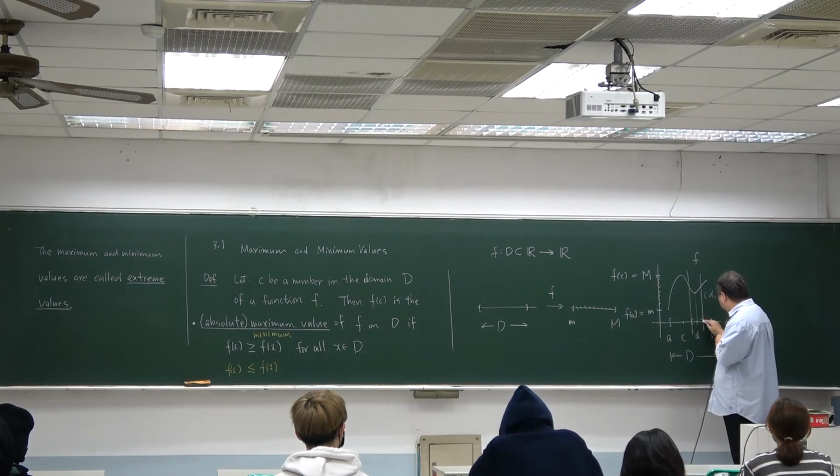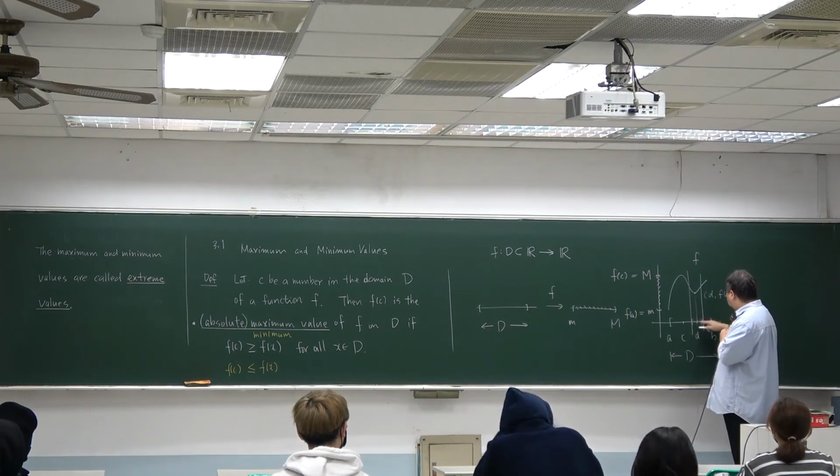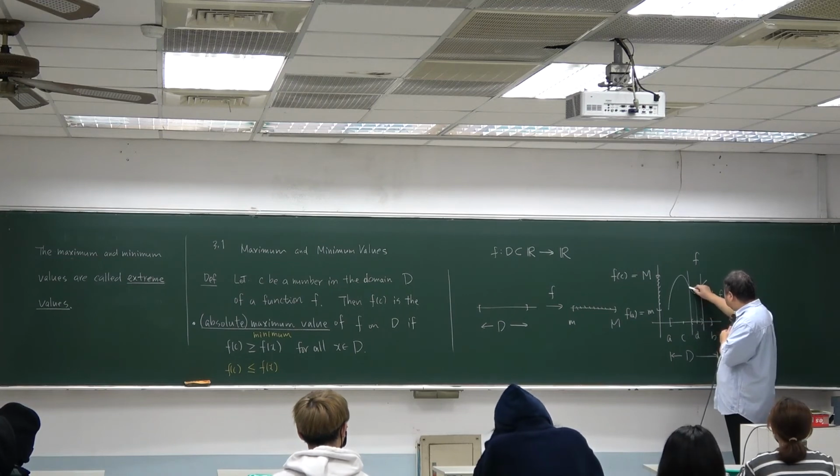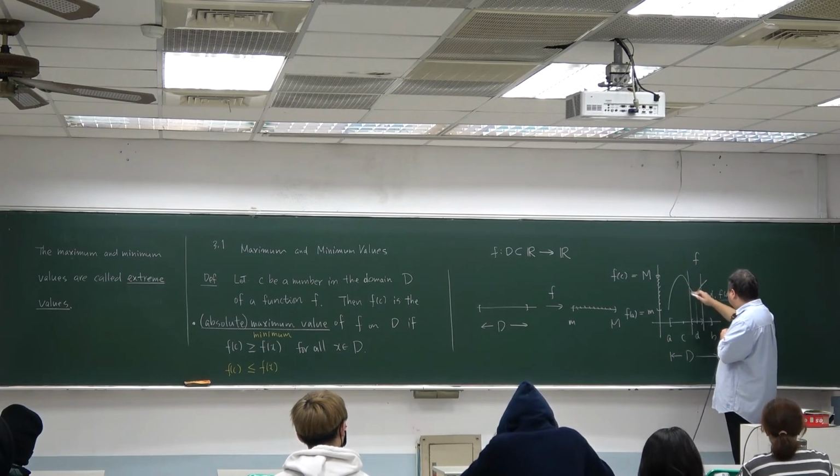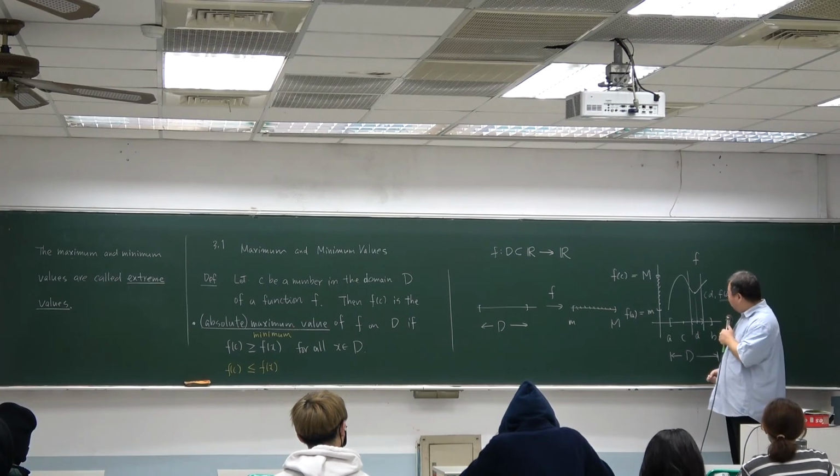By a neighborhood of d, we need an open interval containing this number d. On this open interval, exactly, this one is the minimum.